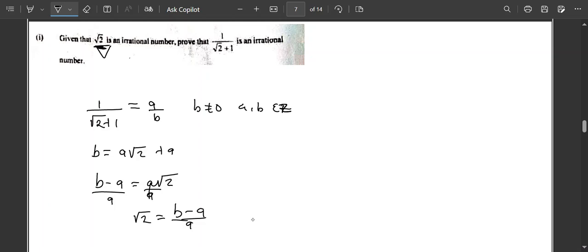We can't have a situation whereby irrational is equal to rational. So this contradicts our assumption, so we have proved that it is irrational.